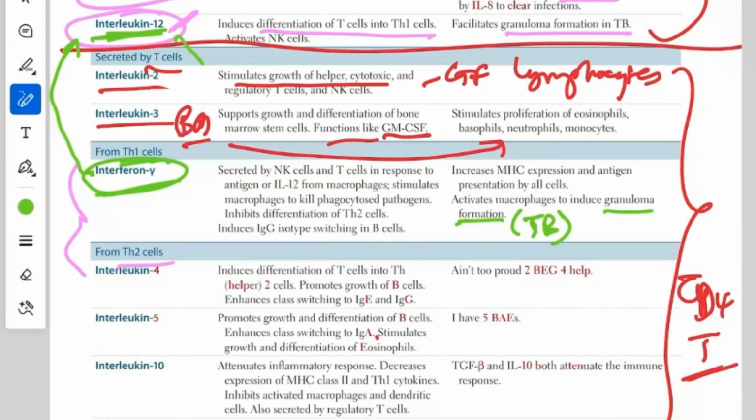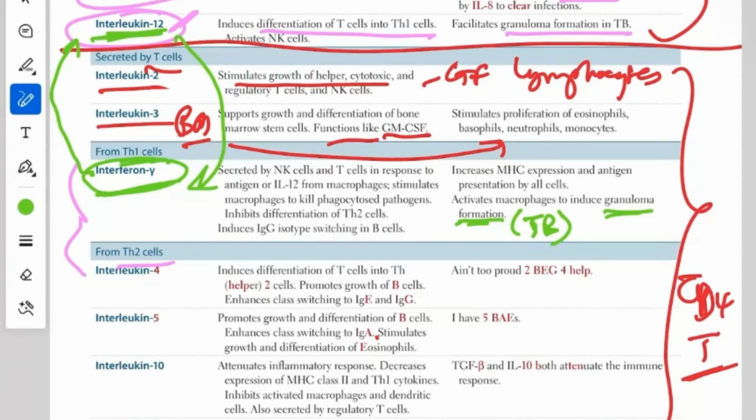So it's a tit for tat. You scratch my back, I scratch yours. When the CD4 positive T cell becomes activated, it in turn scratches the activated macrophage, and then the macrophage can go back to form this granuloma, which is supposed to kill the TB.